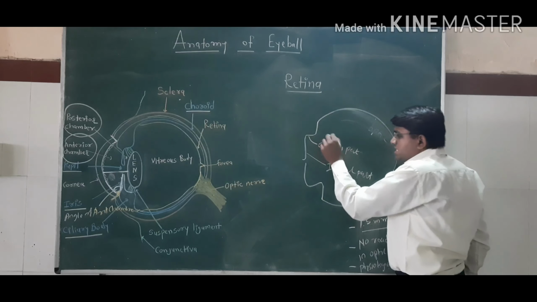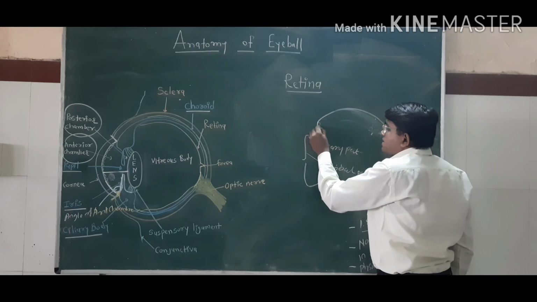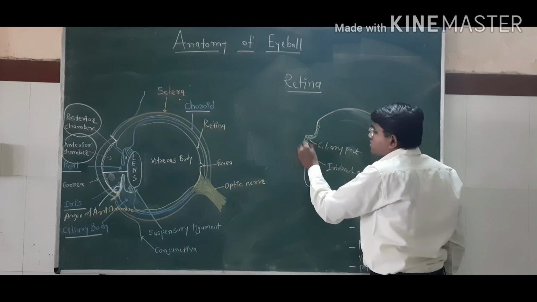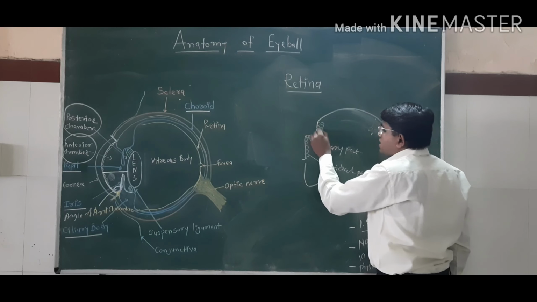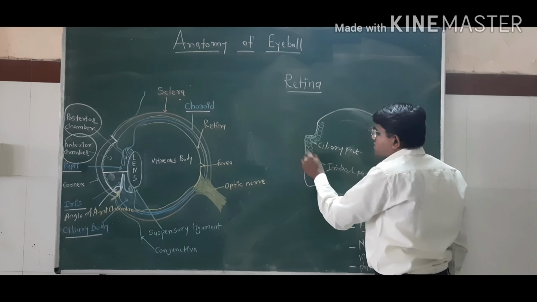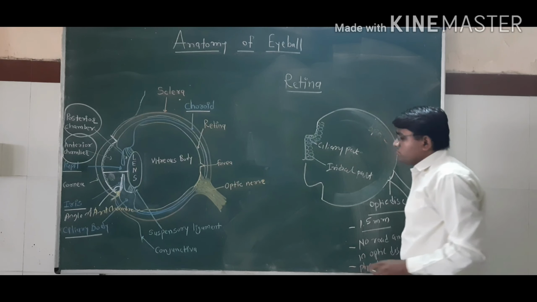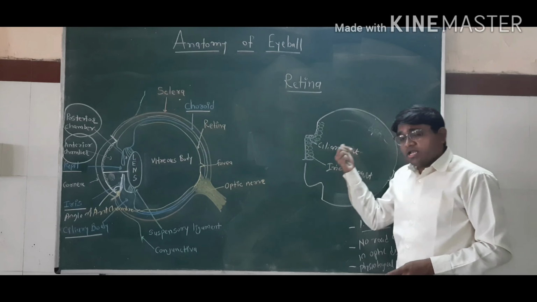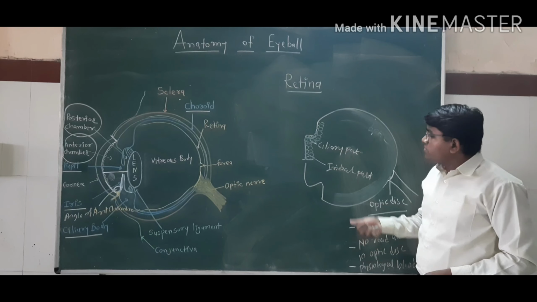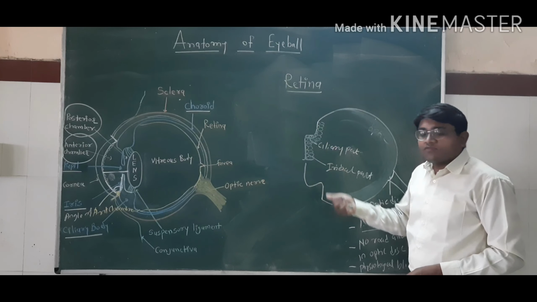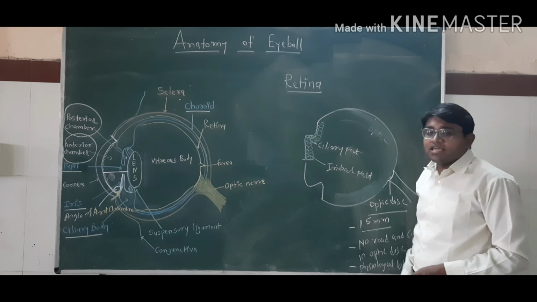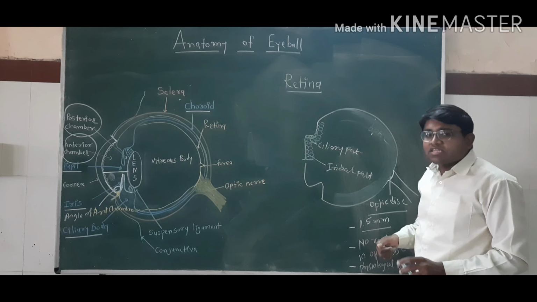Okay, so the ciliary and iridial part are basically formed by a double layer epithelium. Here it is composed by the epithelium. There is a double cellular layer of the epithelium, and there is no nervous tissue present in the ciliary and the iridial part. They have no connection with the vision.